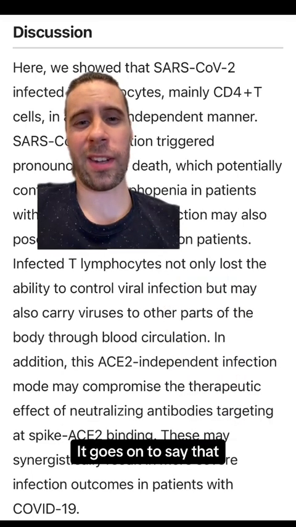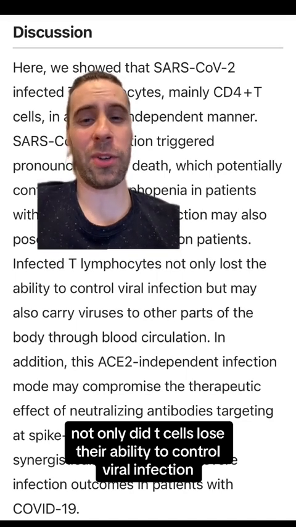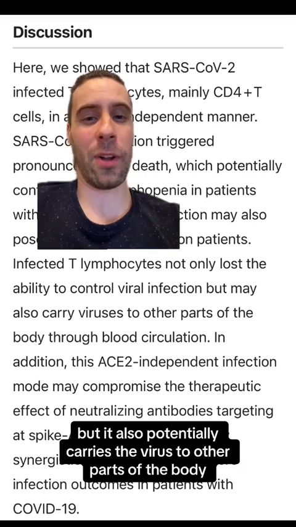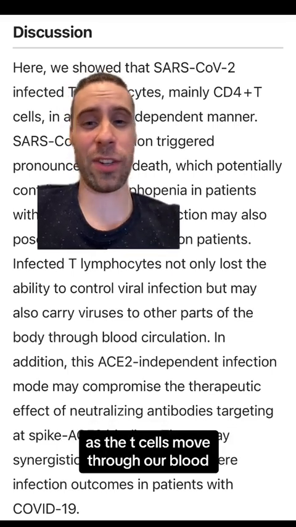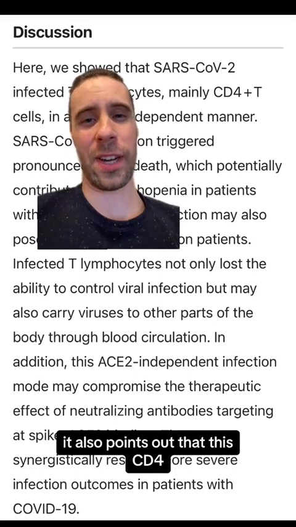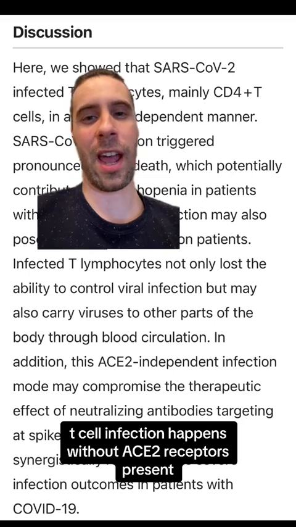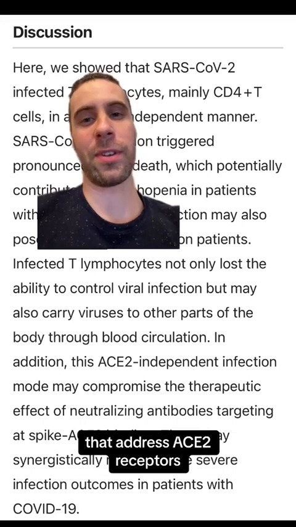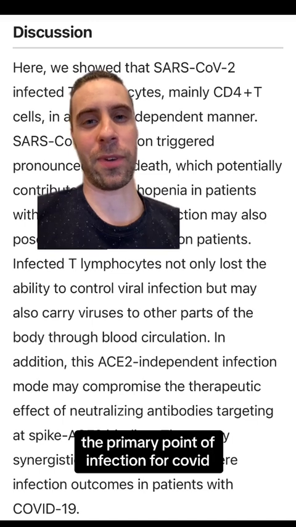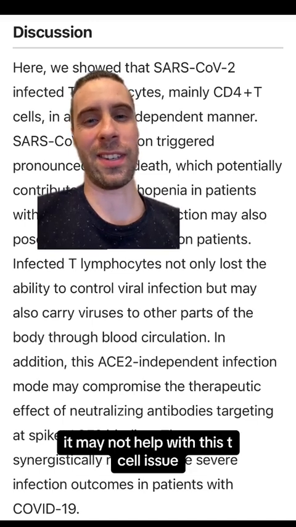It goes on to say that not only did T cells lose their ability to control viral infection, but it also potentially carried the virus to other parts of the body as the T cells moved through our blood. It also points out that this CD4 T cell infection happens without ACE2 receptors present. So if we design treatments for COVID that address ACE2 receptors, the primary point of infection for COVID, it may not help with this T cell issue.